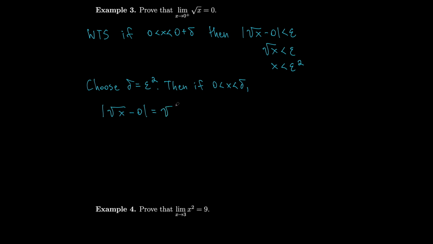Well, this is just the square root of x, because the absolute value of the square root is obviously just the square root. And x is less than delta, so this is less than the square root of delta. But delta, we said, was equal to epsilon squared, so this is the square root of epsilon squared, which is epsilon. All right, perfect. So that implies that the limit actually is equal to 0.